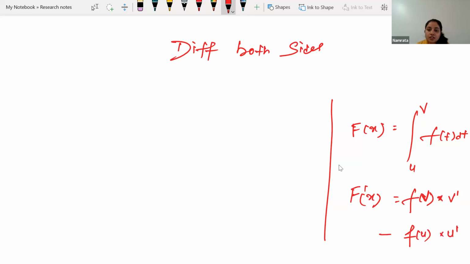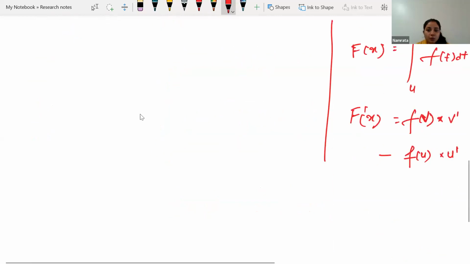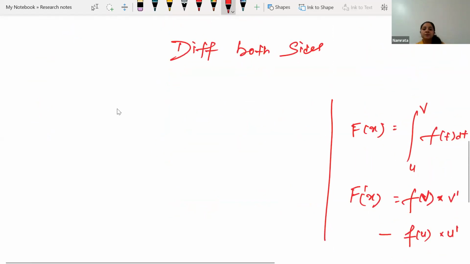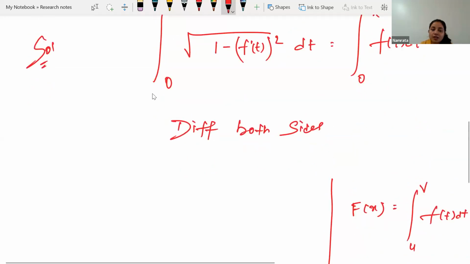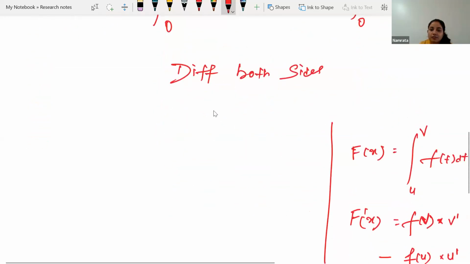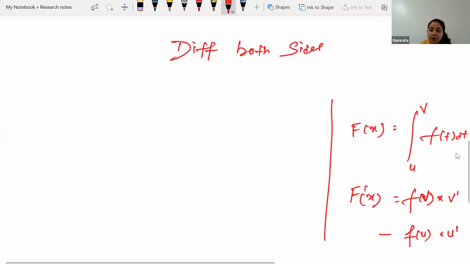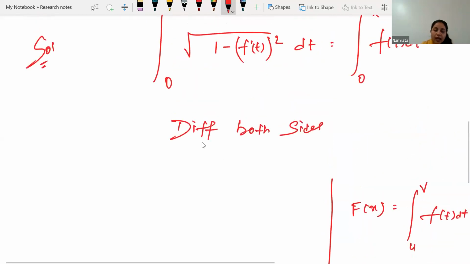We will be applying this formula given by Leibniz on both sides separately. So at first we are going to put the upper limit in the given function.